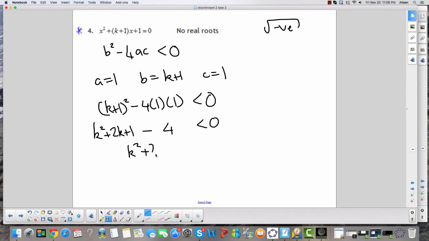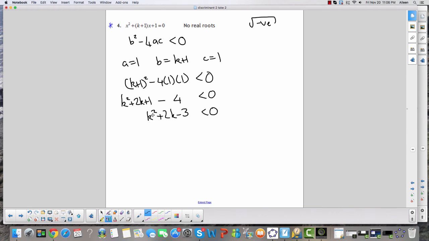This looks like a reasonably straightforward expression that we can factor. Something to do with k and 1. I need plus 2, so let's go for plus 3 and minus 1. And the graph of this parabola is going to help us solve this inequality. It's a quadratic inequality. We have to be careful with the quadratic inequality.